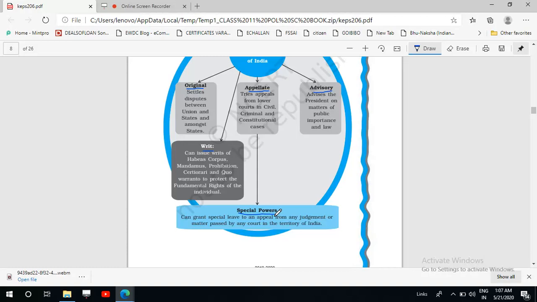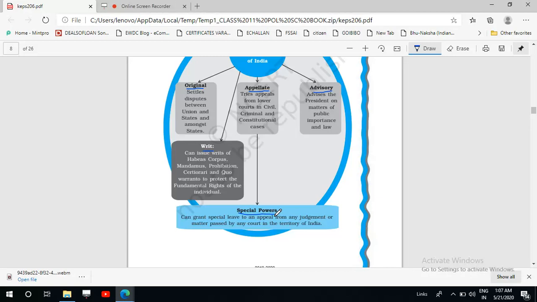Okay, so this right has been given under Article 136 of the Indian Constitution, and according to this right, the Supreme Court of India has a special power to grant special leave to appeal against any judgment in any matter by any court within the territory of India.